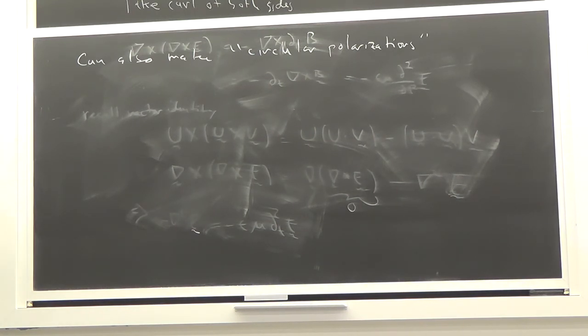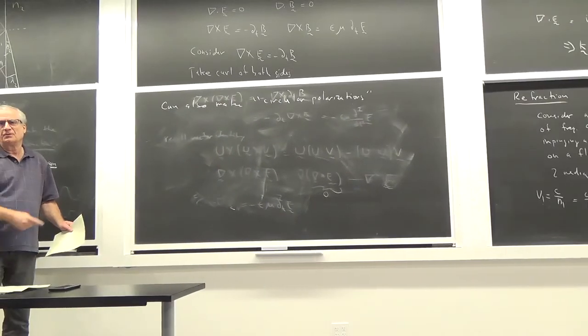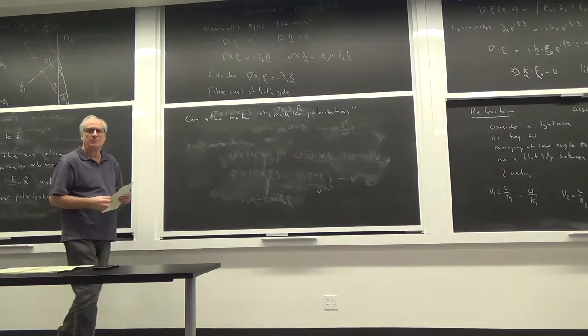It's just oscillating back and forth that way. So it's oscillating along a line. Well, why can't we make the electric field go like this in a circle? Stay in the same direction of the wave going that way, but the vector describing the electric field could go around in a circle. Why not?